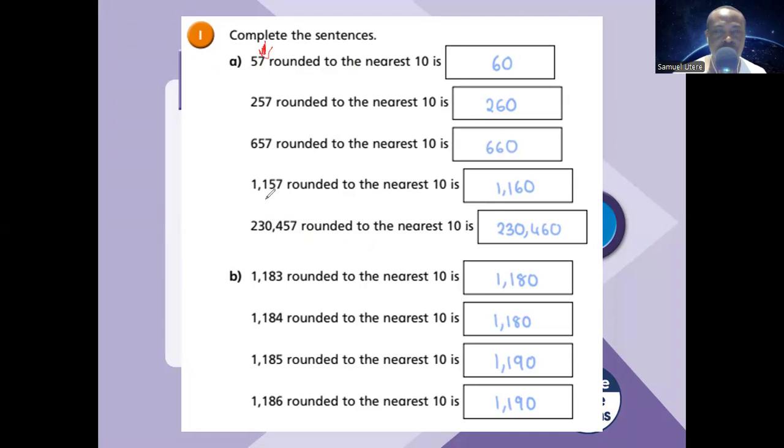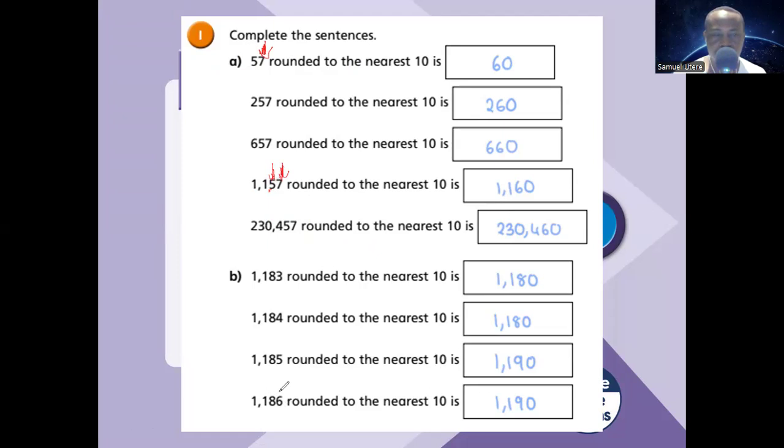And then look at this one. We're rounding to the nearest 10, so we focus on the ones. You can see that digit will now be the next 10 higher up, which is 1160. We're rounding for this one to the nearest 10.